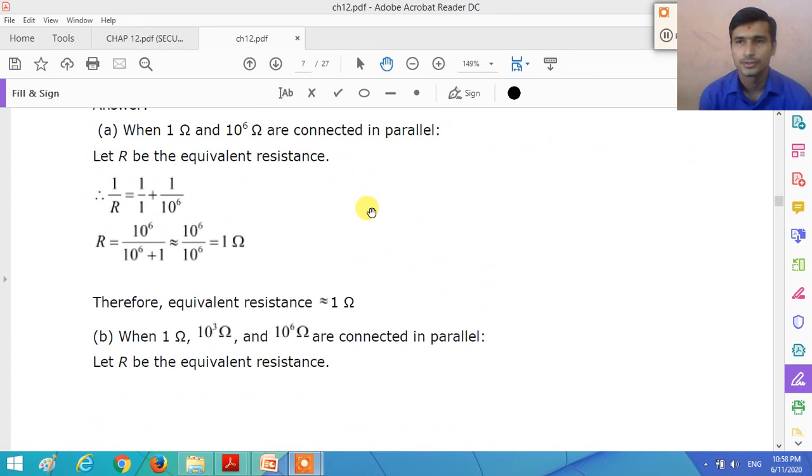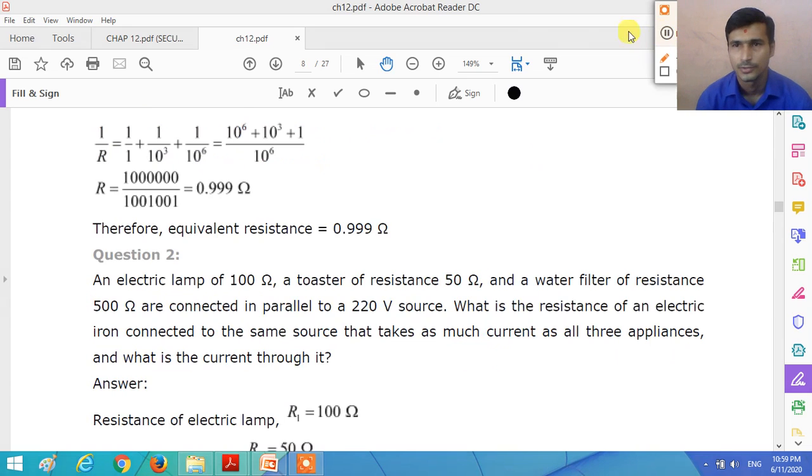Similarly, you can calculate when a 1 ohm resistor, a 10 raised to 3 ohm resistor and a 10 raised to 6 ohm resistor are connected in parallel. Here three resistances are given and we need to find the equivalent resistance when R1, R2 and R3 are connected in parallel.